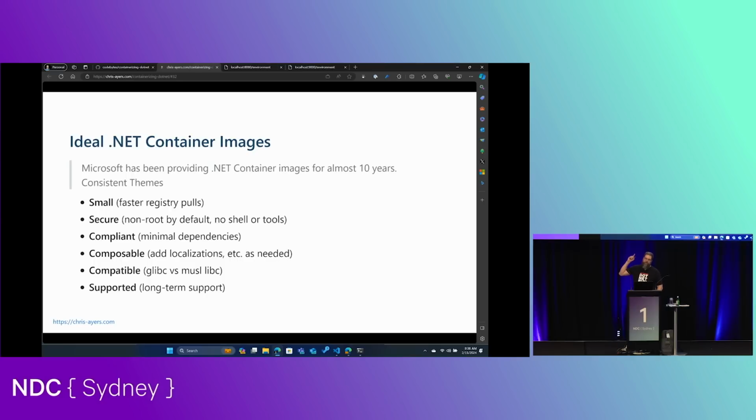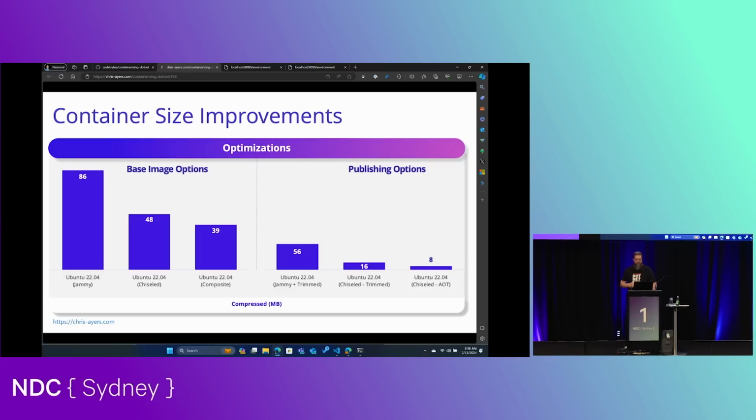The Ubuntu chiseled uses glibc versus Alpine's musl libc, and they have support from both Ubuntu and Microsoft. And so, as you saw, going from a full Ubuntu Jammy down to chiseled, you can get a lot of size reduction.